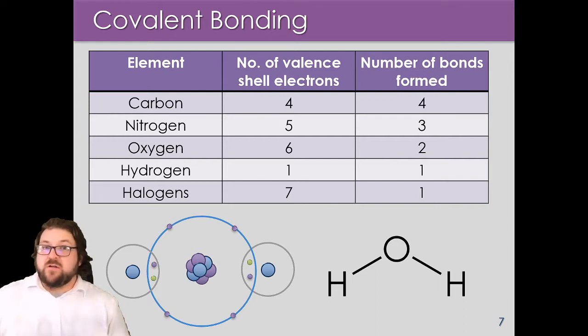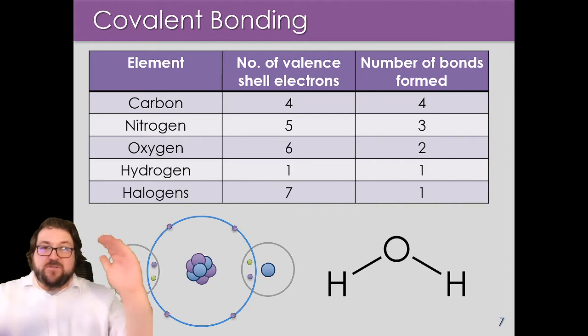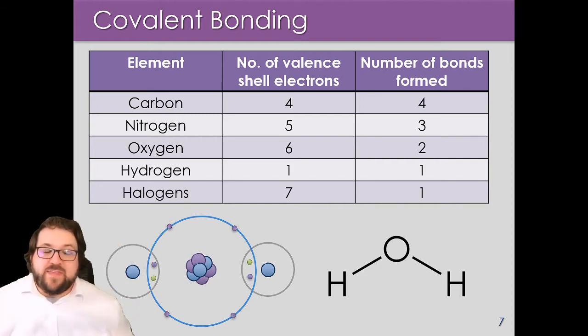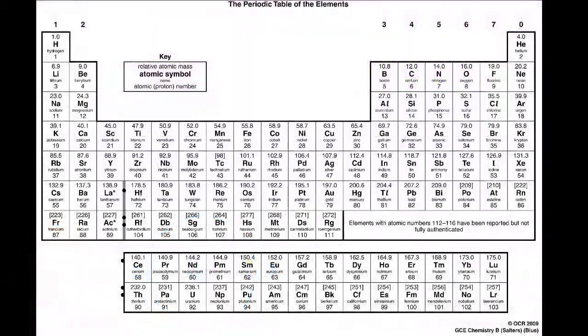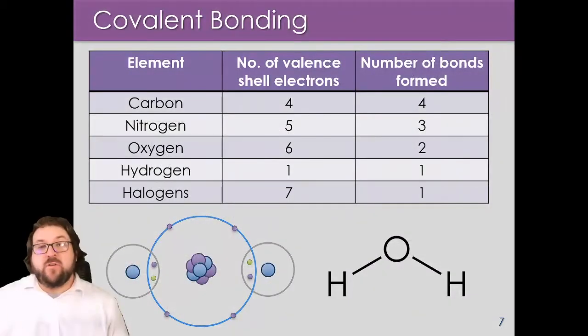Hydrogen we already saw was in group 1, but in the first shell we only have 2 electrons to fill up the orbitals. And the halogens, so that is all of group 7, fluorine, chlorine, bromine, iodine, all in the p5 position there. They all need 1 more electron to complete their outer shell, and so they will only form 1 bond at a time each.